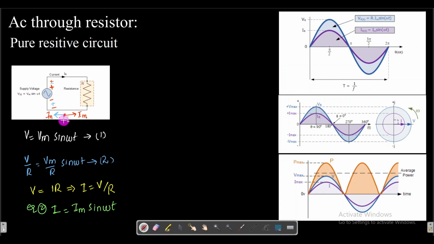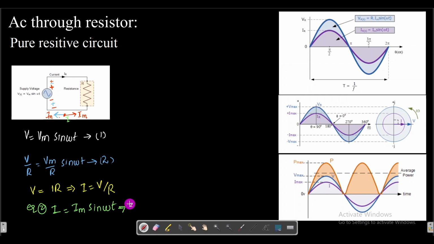In the phasor diagram we have a vector moving in the anti-clockwise direction. When it moves anti-clockwise, its motion is a rotational motion, and its velocity is called angular velocity. At each instant, the instantaneous current in the phasor diagram is given by I is equal to Im sine omega t.